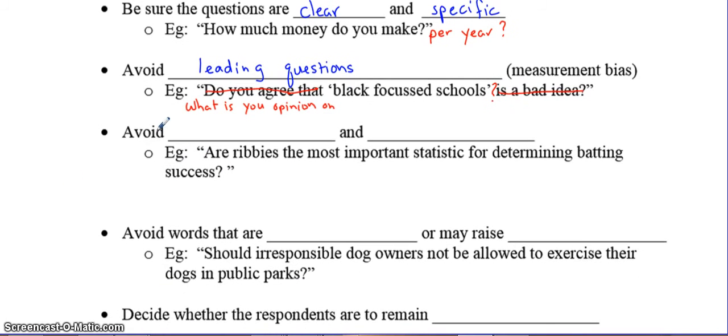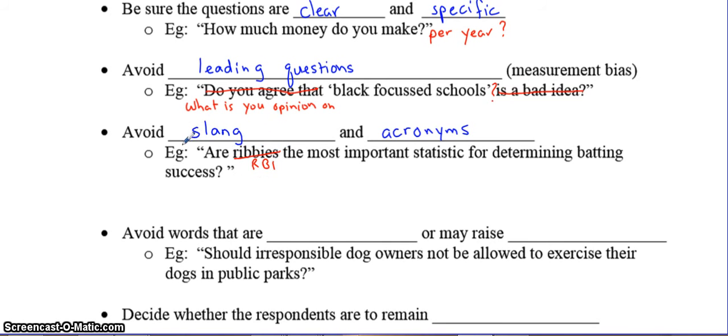The next thing is avoid slang and acronyms. So for instance, are ribbies the most important statistic for determining batting success? Ribbies is slang for RBIs. A lot of people would not know what a ribby is, but they do know what an RBI is.